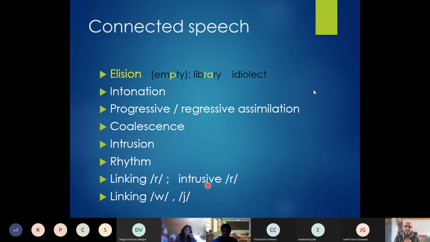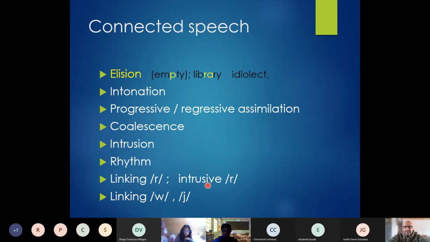For example, in the case of library, it's like a whole syllable compressed because there's the loss of a vowel sound, which is the nucleus, as you probably remember well, and an additional consonant sound as an onset. So we're talking about a whole syllable there. So some people refer to the elision of a syllable as a compression.